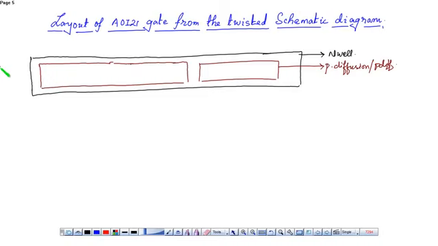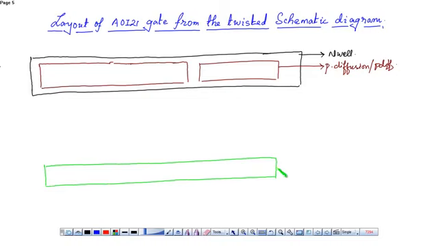Then we have the N diffusion layer. This is the N diffusion layer or the N diff layer.